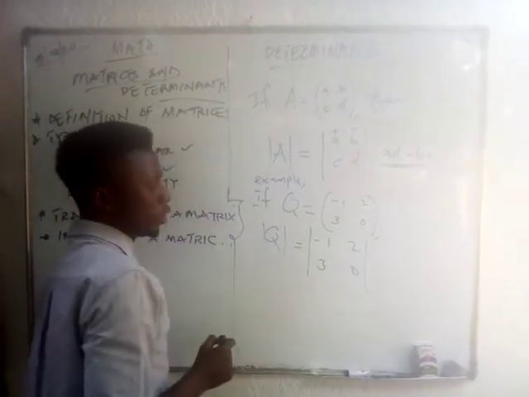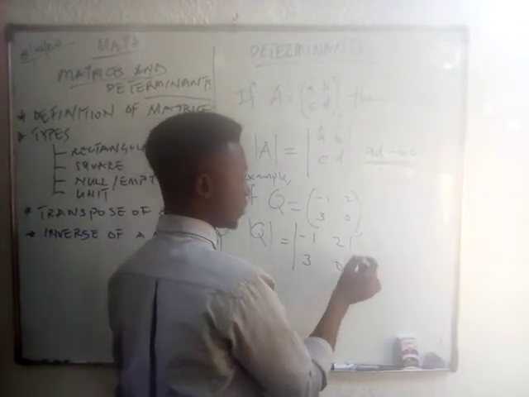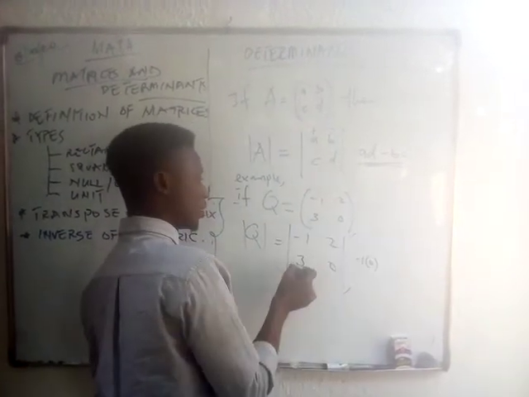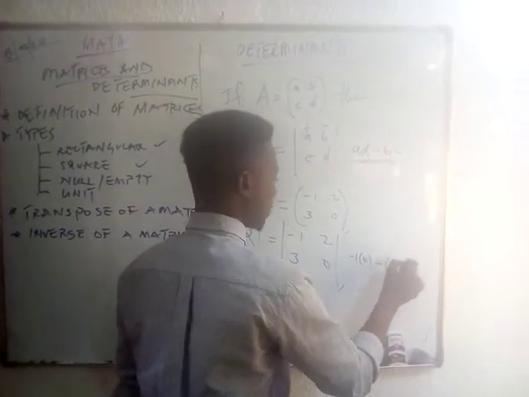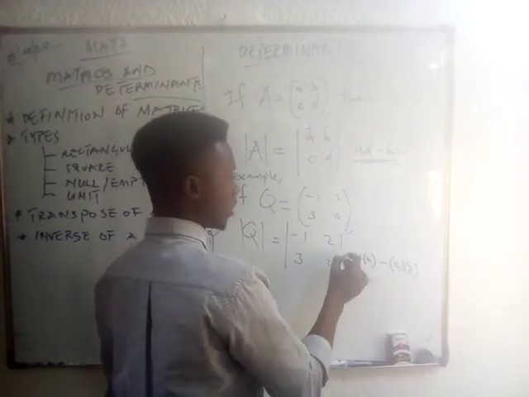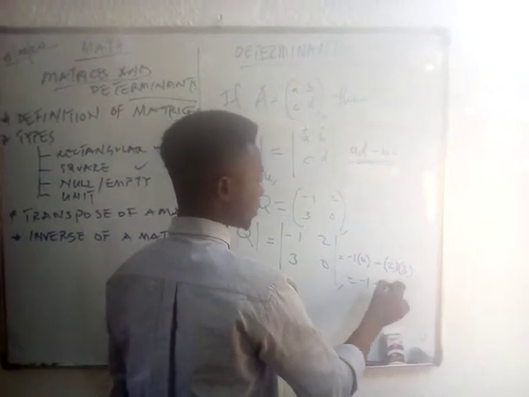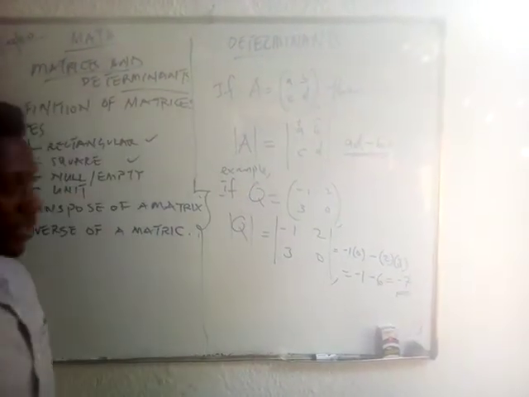And then what will you do with this? Minus 1 times 0. Then when you come like this or like this, that is minus. Then 2 times 3. So you're going to have minus 1, minus 6, which is what? Minus 7, or negative 7.